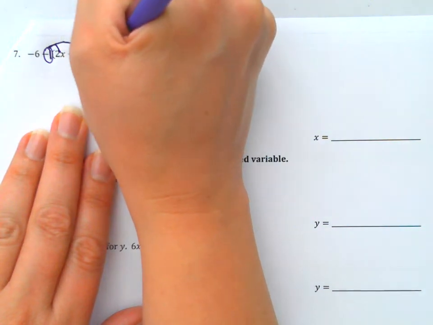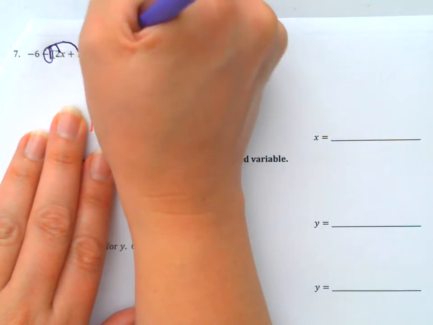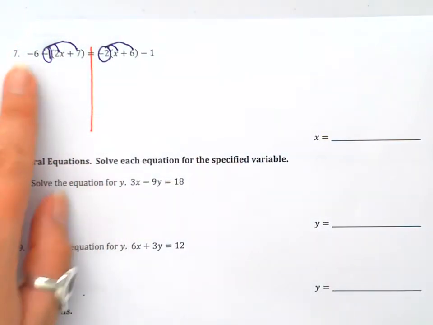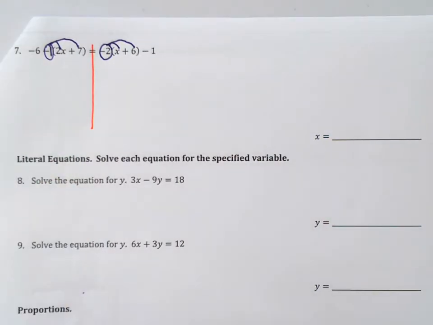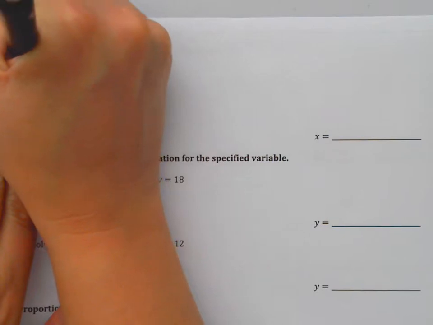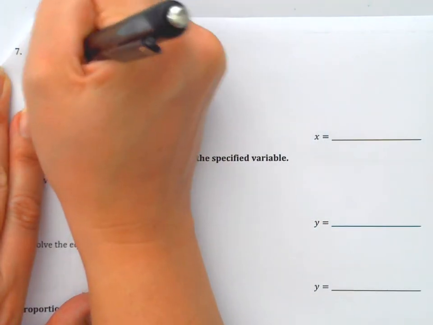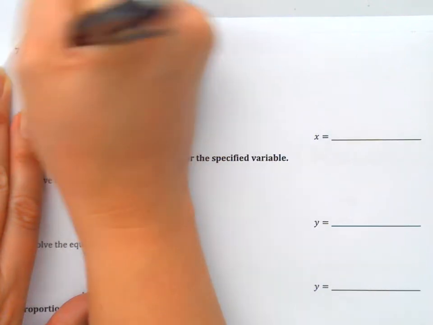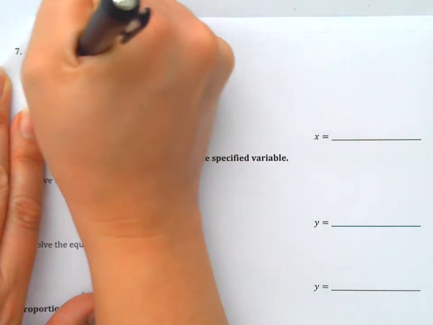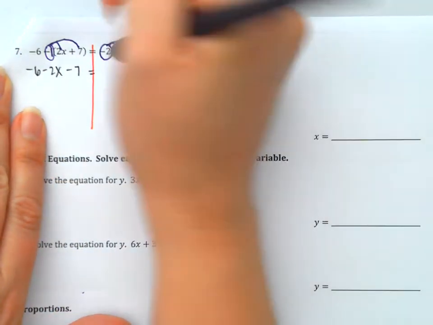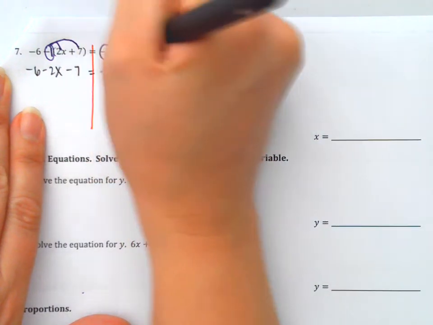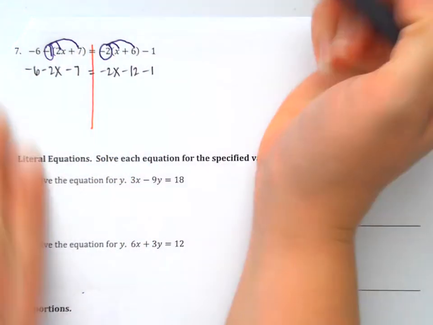And then the negative 2, I'm going to be distributing to x and 6. So this negative 6 right now, we don't do anything to it yet. We just bring it down. We can't combine before we distribute. So that means negative 1 times 2x is negative 2x. Negative 1 times 7 is negative 7 equals negative 2x minus 12 minus 1.